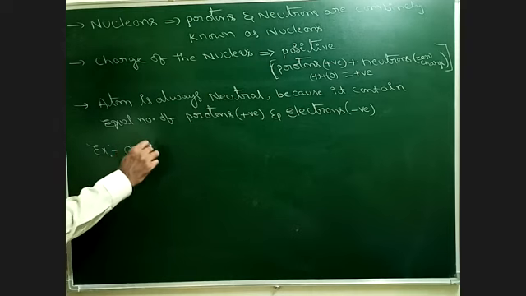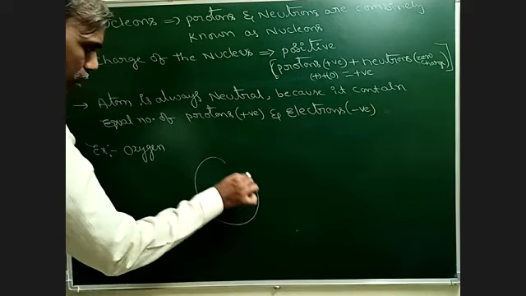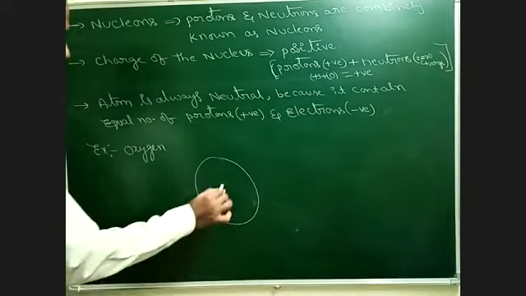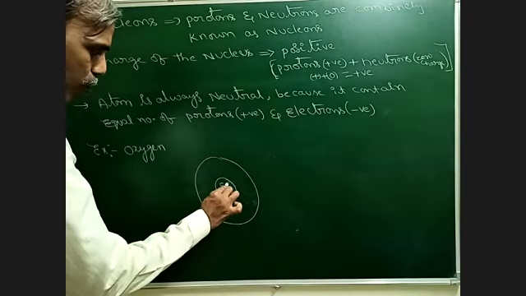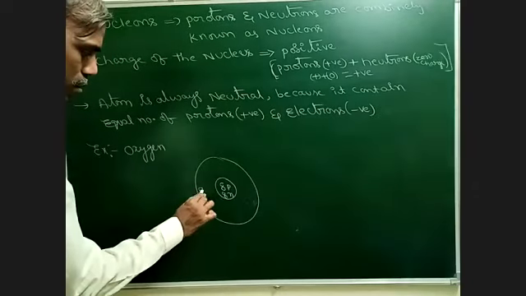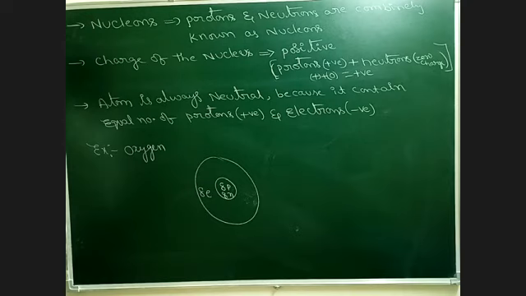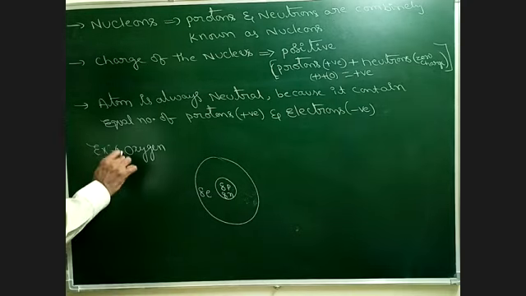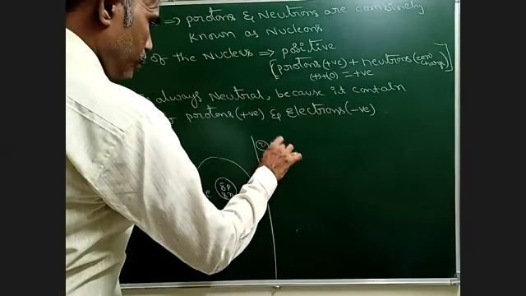Let us take an example. Oxygen. If you take the oxygen atom, it has the central part. It has 8 protons, 8 neutrons, and 8 electrons. If you take another example, nitrogen.